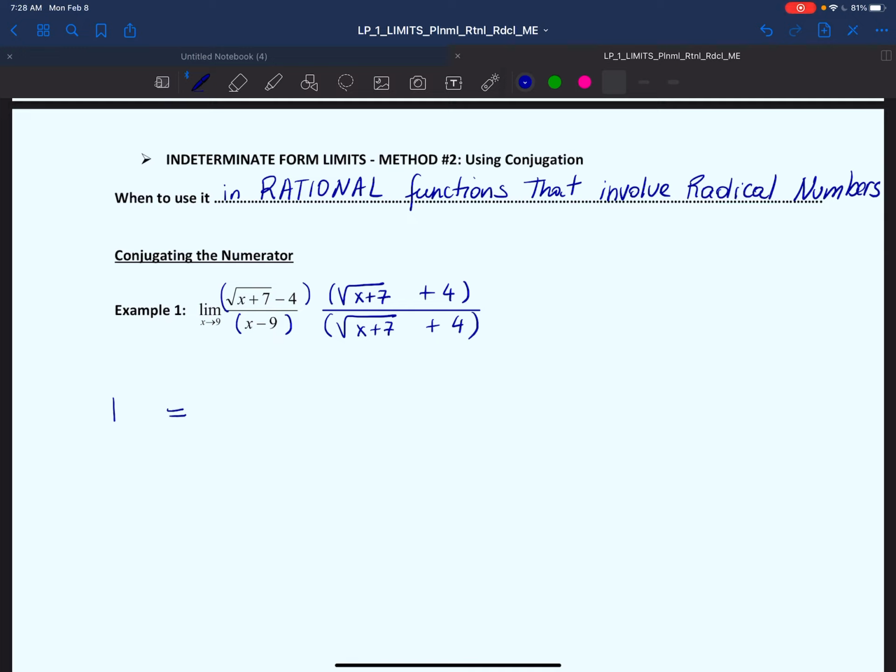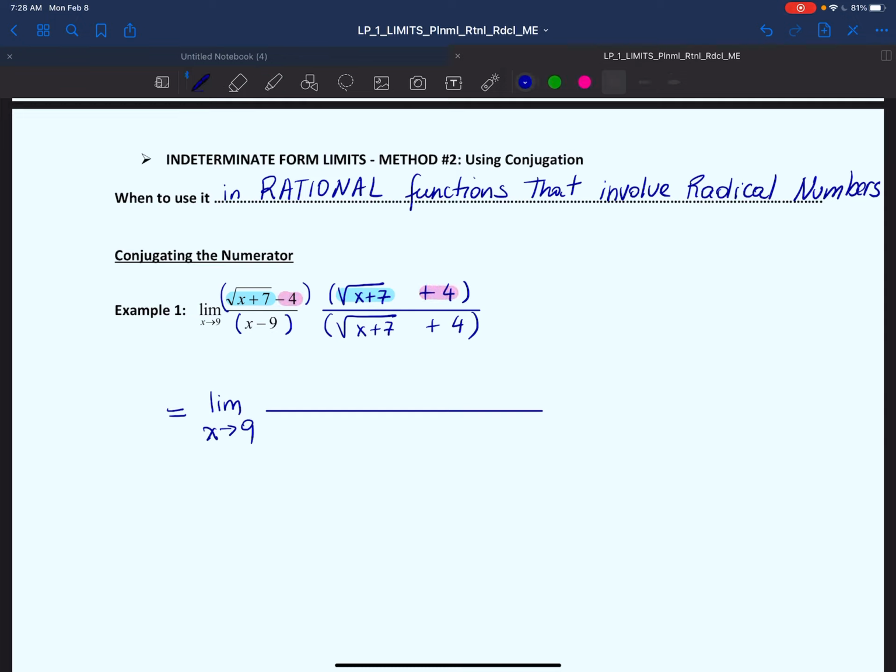So that will produce the limit as x approaches 9 of, long line here. Remember that here we have the difference of squares. That's how conjugates are related to each other.